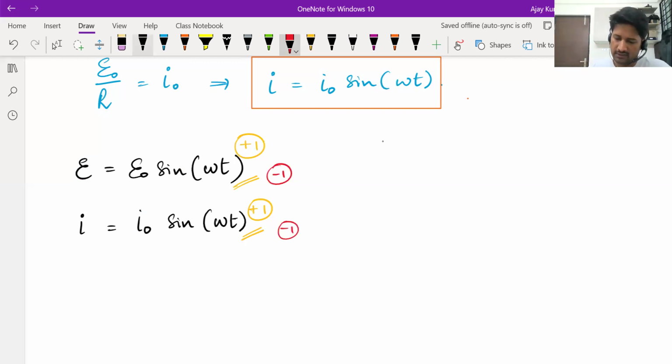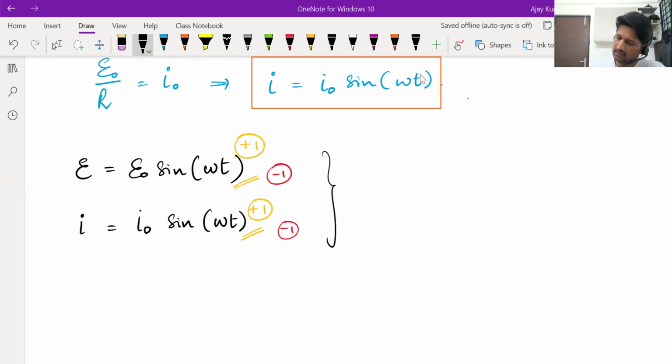What do you call such functions? Or what are such functions said to be in? Okay. When two oscillating functions oscillate together, Pradyun, what you said is correct.